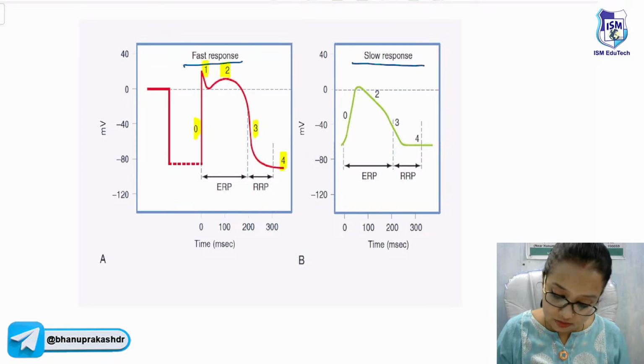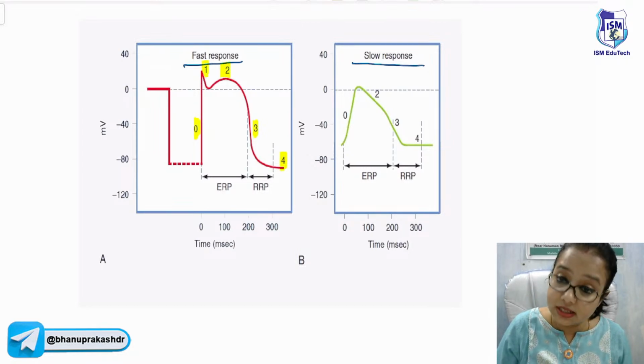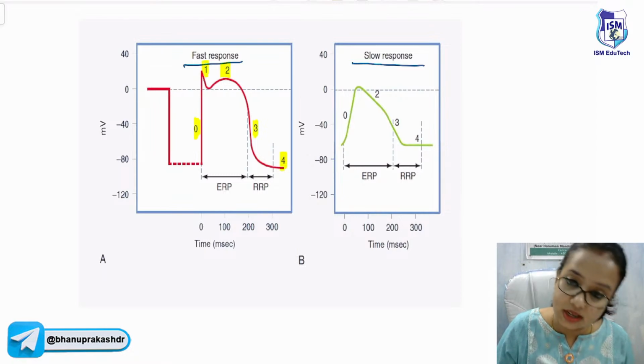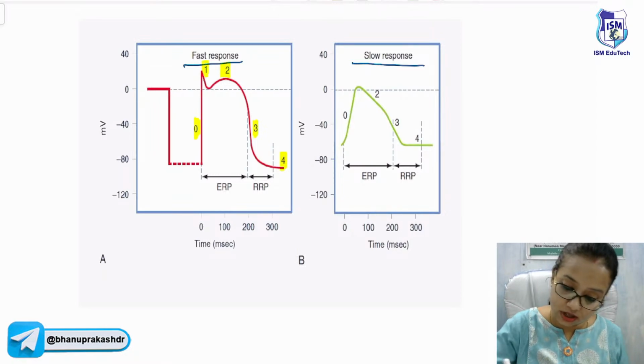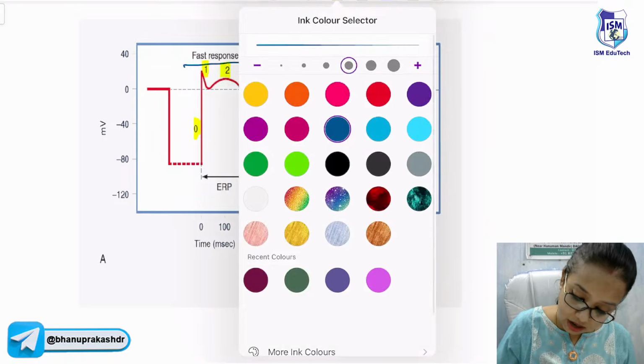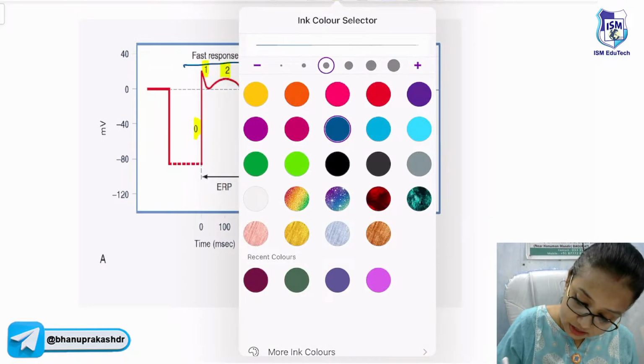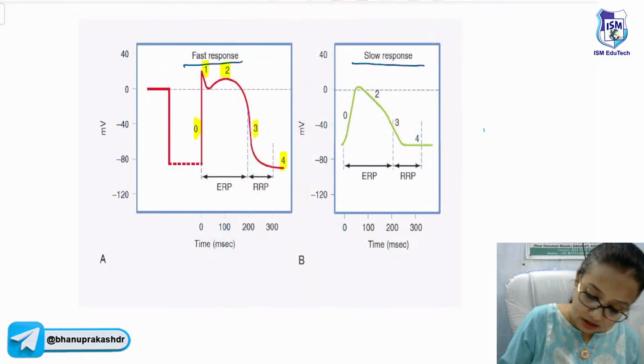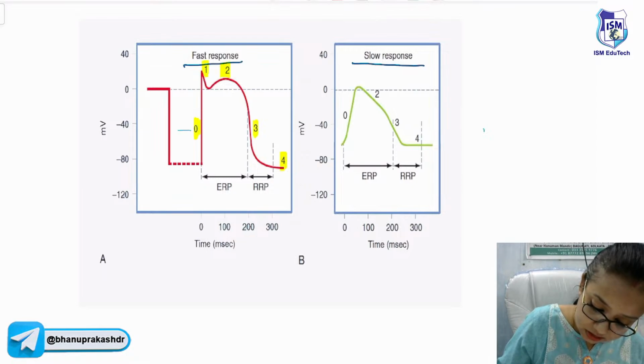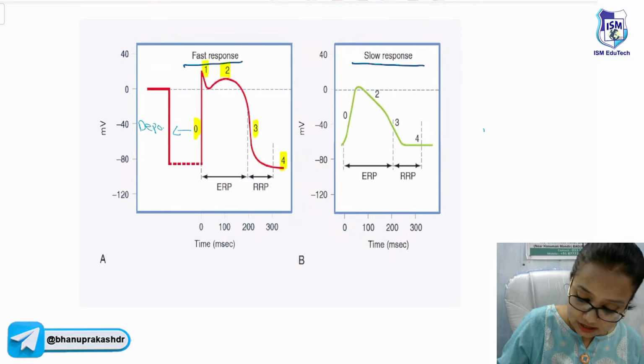Going by the phases, phase 0 is an upward linear stroke, which is obviously our wave of depolarization. I'm just writing it in short form.